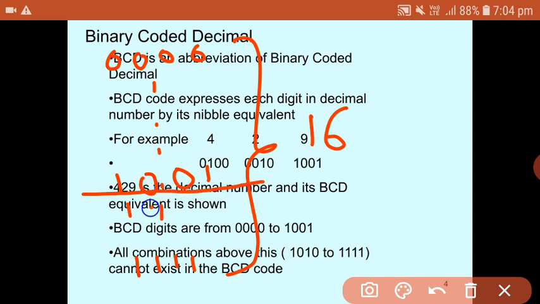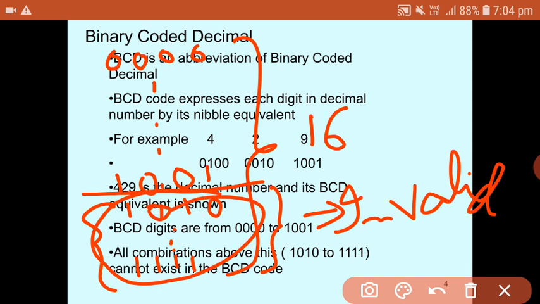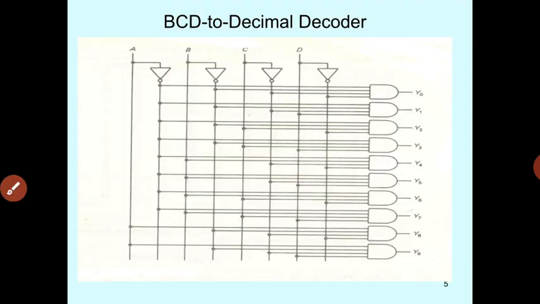From 1010 onwards, up to all ones, the codes are invalid BCD codes. So all combinations above 1001 are invalid. This is the basic idea of BCD, binary coded decimal.